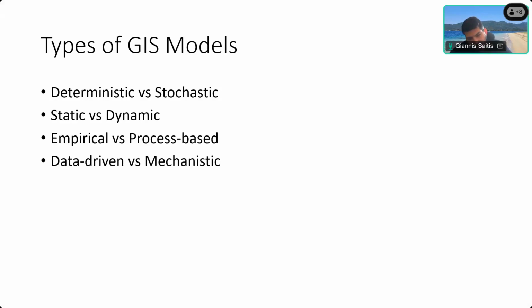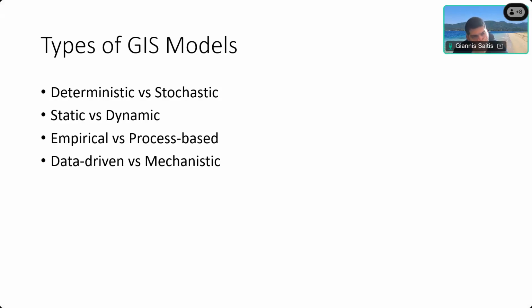On the other hand, we have the mechanistic kind of models, which are based on known mechanisms. So, let's say, on simple equations, or explicit equations. In this kind of case, it's very easy for someone to read and understand the model.